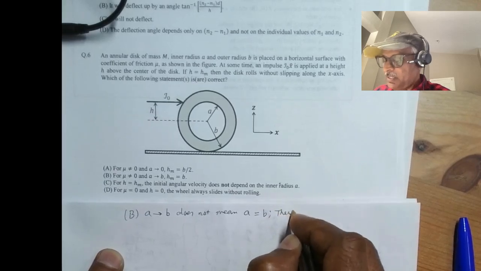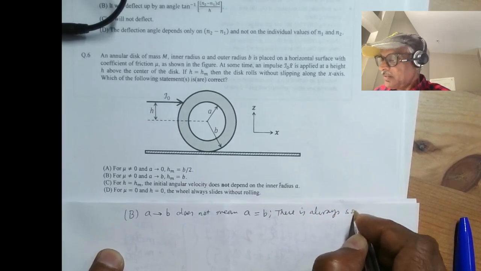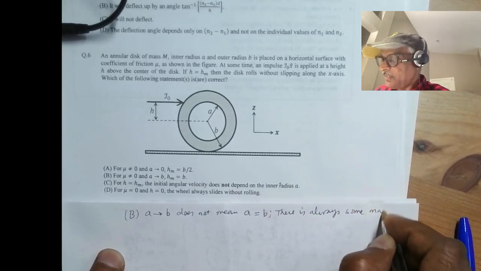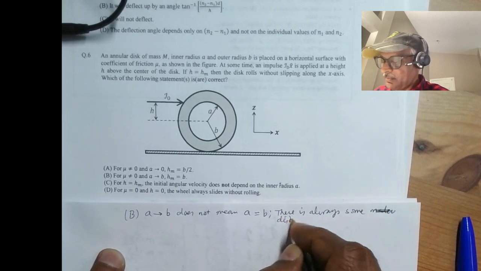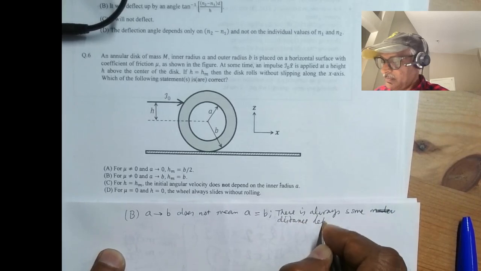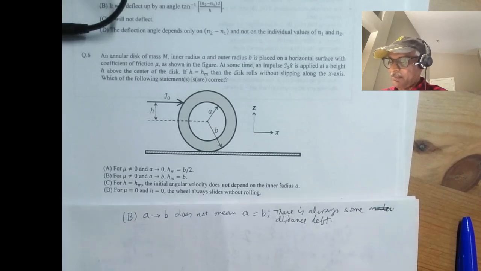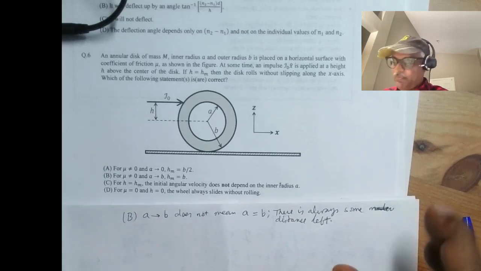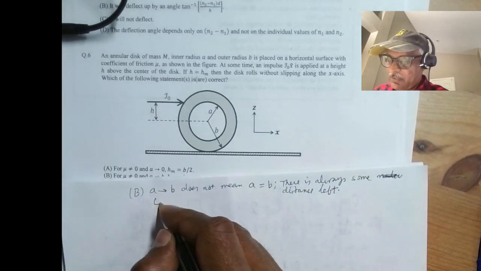There is always some material left, some distance left, so you get an infinitesimally thin ring.